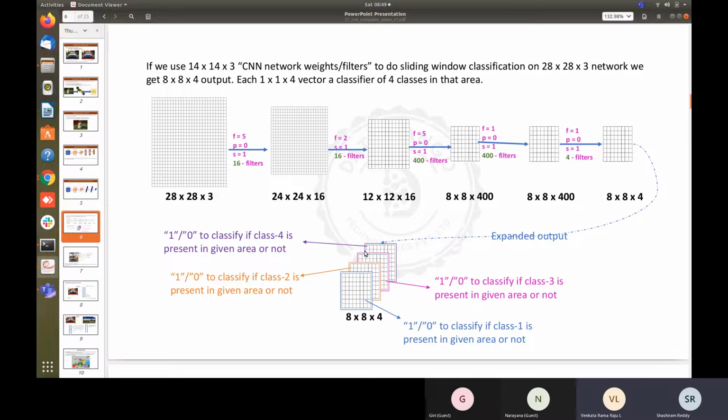Here it is an 8 by 8 matrix, and this 8 by 8 matrix could contain one of the objects. If in the first 8 by 8 matrix you have one here, the rest are all going to be zero. The second, third, and fourth 8 by 8 will be zero, because in that area we have only one object.